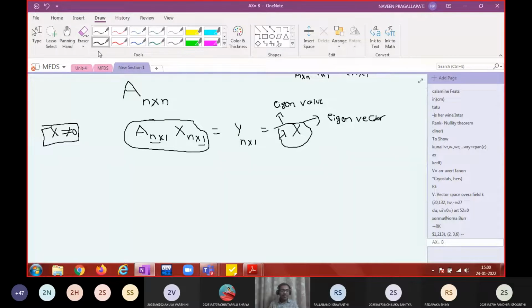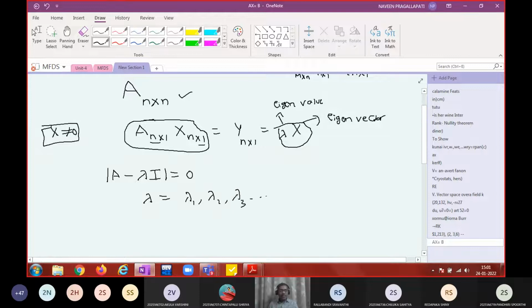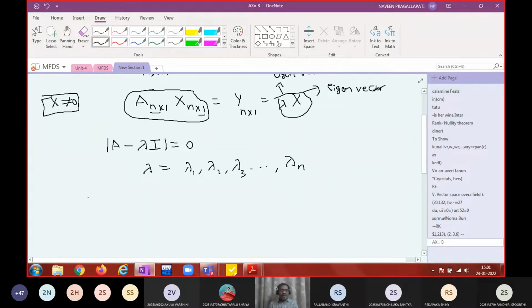For that, what is the procedure? You know, you will be solving the characteristic equation, right? What is characteristic equation? Determinant of A minus lambda I equal to 0. And when you solve the characteristic equation, if it is of order n, you will get n eigenvalues. Okay, lambda 1, lambda 2, lambda 3, and so on, lambda n. And for each of the eigenvalue, what you have to do?